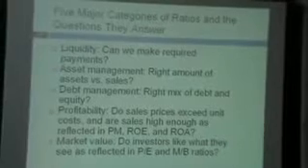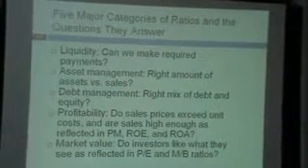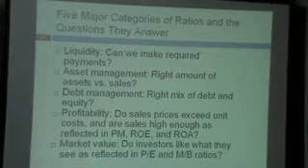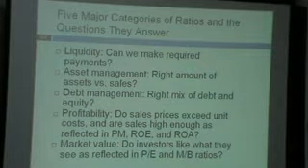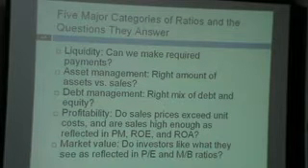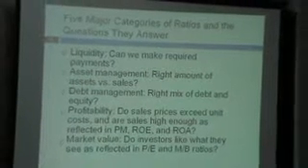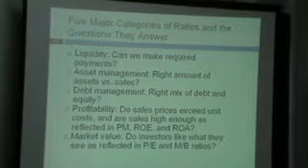Debt management ratios show how efficiently the debt is being used by the company in generation of sales. Profitability ratios give us an idea of the status of profit coming from the company, how low or how high the profit is as compared to the industry or as compared to the benchmark.